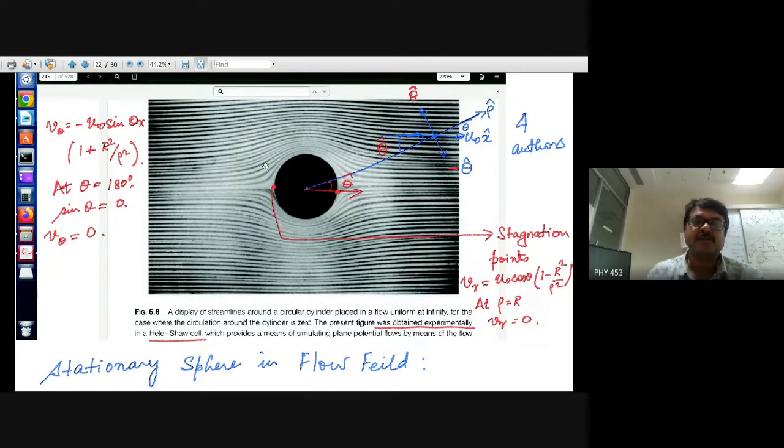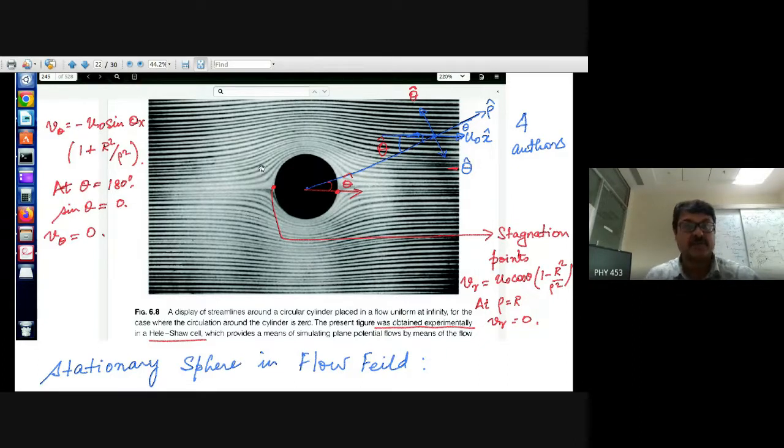Moreover, if you had taken theta to be somewhere here, suppose this is your axis and you're measuring theta like this, then again theta here will be the theta vector, the theta hat would be in this direction, but the velocity is opposite to the theta direction, and hence you get this minus sign.